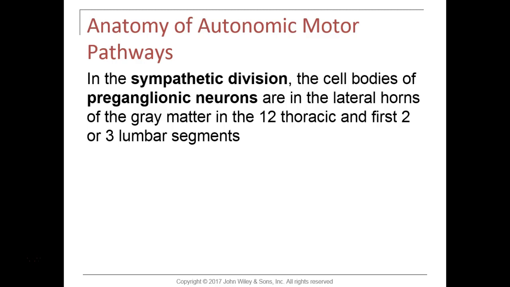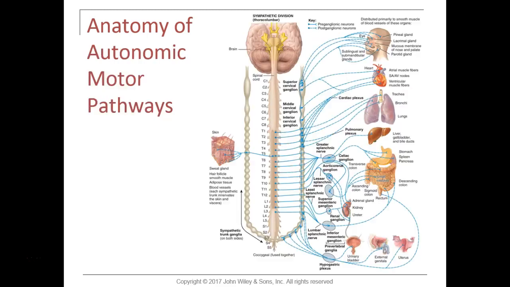The preganglionic neuron cell bodies in the sympathetic nervous system always have their cell body embedded in the lateral gray horn of the thoracic to the lumbar region of the spinal cord. So all of the sympathetic output from the central nervous system comes from the thoracic and the lumbar region of the spinal cord only. So let's look at a picture that demonstrates that.